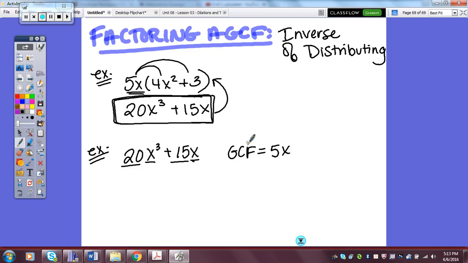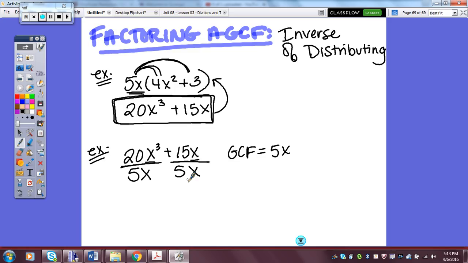So my GCF is 5x. Now, when you distribute something, do you multiply, add, subtract, or divide? You multiply. So since I'm doing the inverse of distributing, and with distributing I multiply, what do you think I'm going to do with the inverse? I'm going to divide. So I take both of these terms and I divide by my GCF.